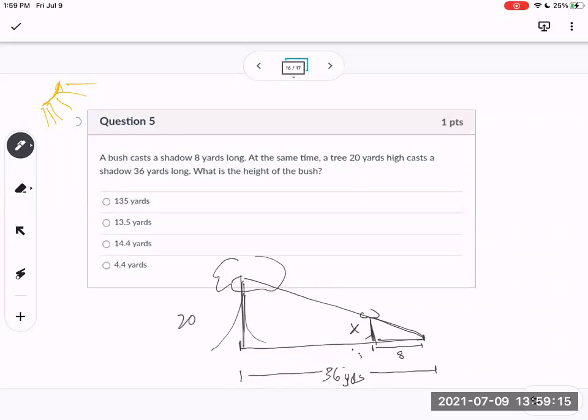So again, you set up a proportion. You know that 20 is to 36 as X is to 8. And simplify before you complicate. I'm going to show you how I do that again. So 20 times 8 equals 36 times X.